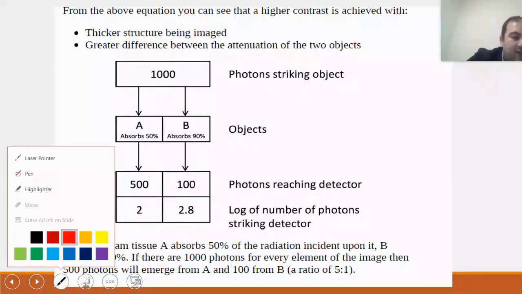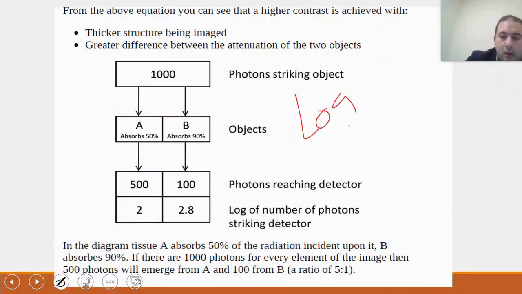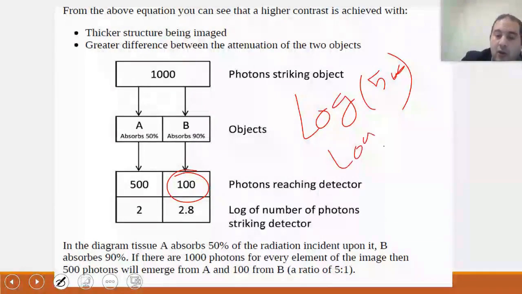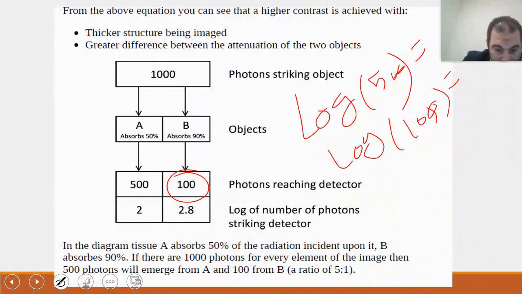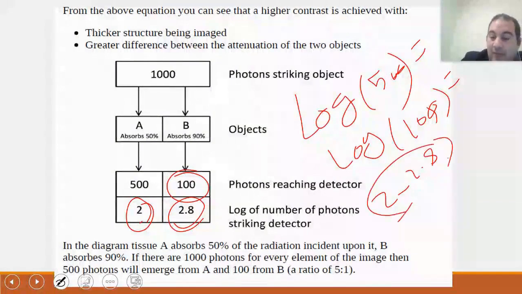when we talk about log relative exposure, it means the log of the number of transmitted photons. This refers to the term relative exposure. You take the log of 500 and the log of 100 and see what the values are. You will find that the log of 500 is 2.7 and the log of 100 is 2.